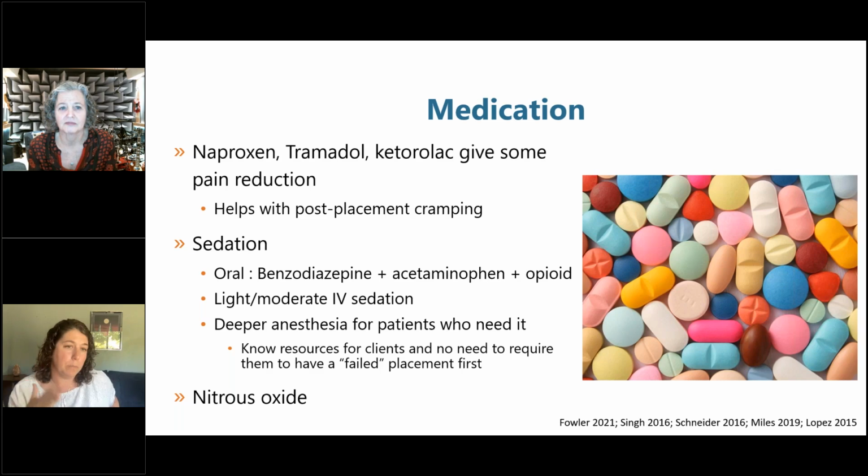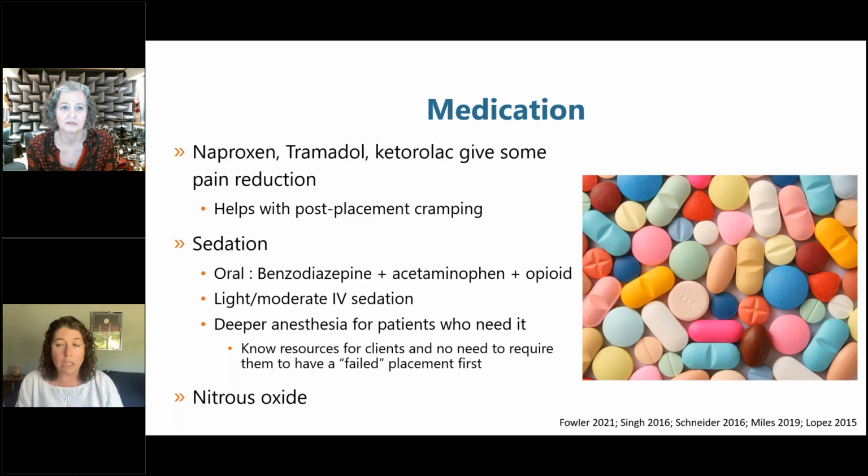Naproxen and tramadol have mostly been shown to help with post-procedure cramping, which is important. It's not just during the procedure itself, it's someone's experience immediately after, as they're leaving the clinic, as they're going home.